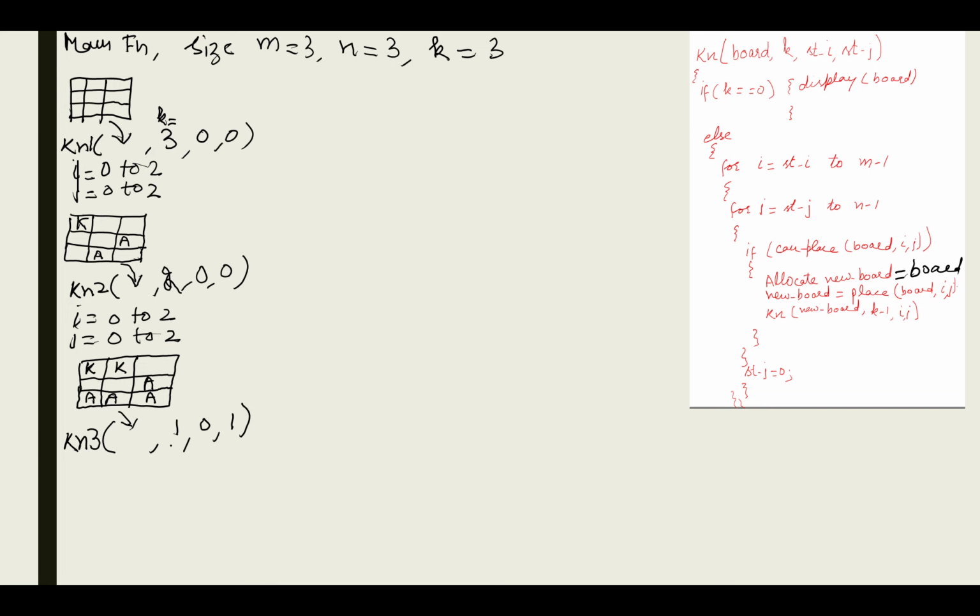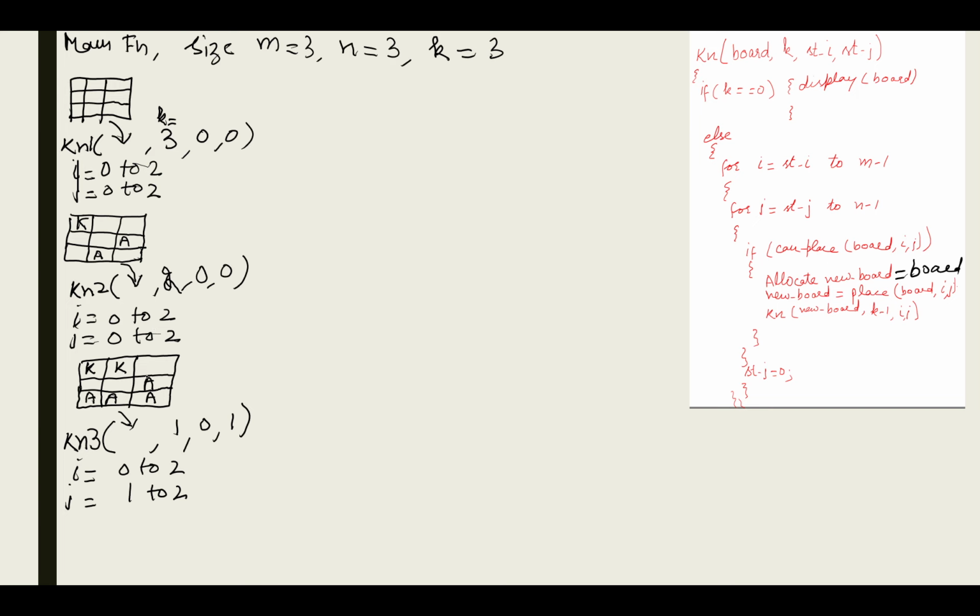Again, since the value of k is 1, we will come to the else part, and i from 0 to 2, because the value of STI is 0, j is 1 to 2, because the value of STJ is 1.